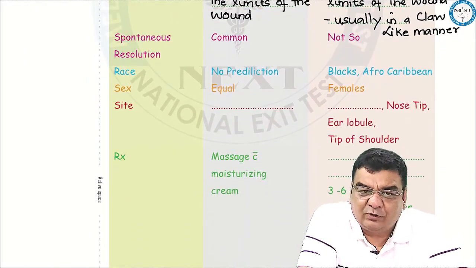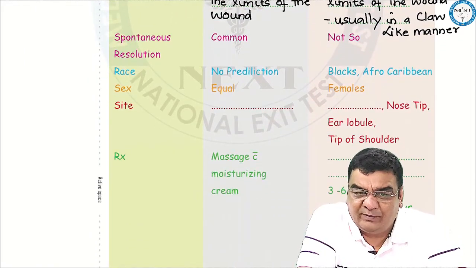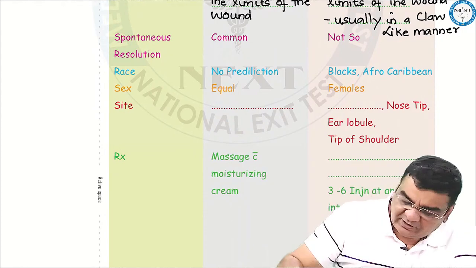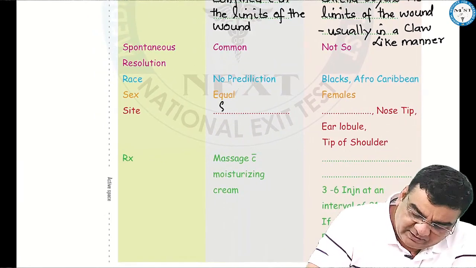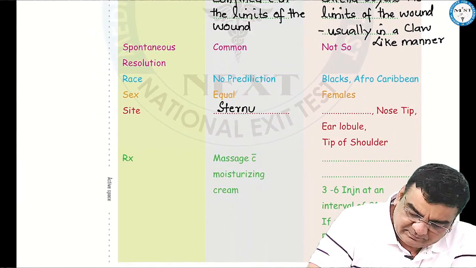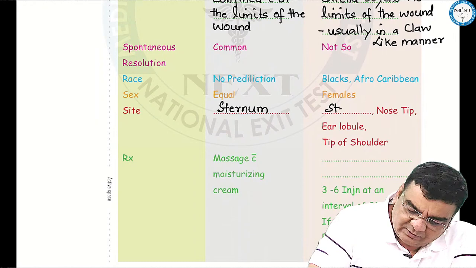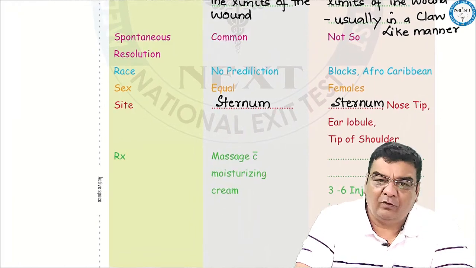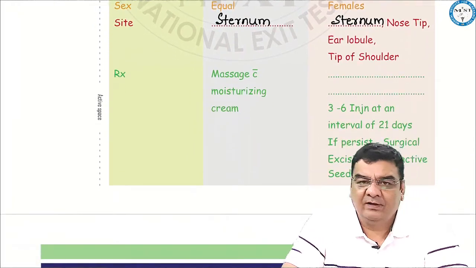Hypertrophic scar has no predilection for white or black or male or female, but keloid is more common in blacks, the African and the Caribbean West Indies people. Keloid is more common in females. The common site for both is the sternum. Those areas in the body where the amount of soft tissue is less, the chances of overprotection is more.